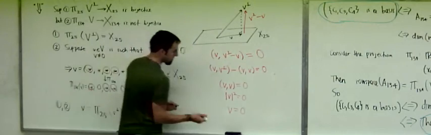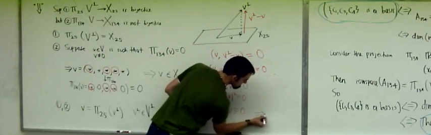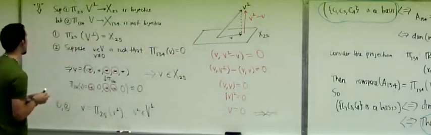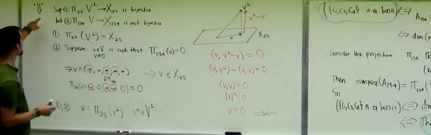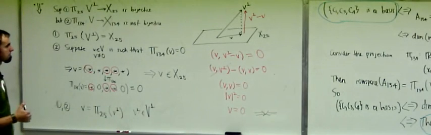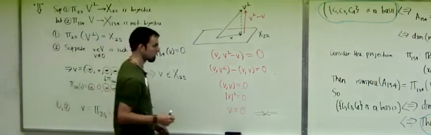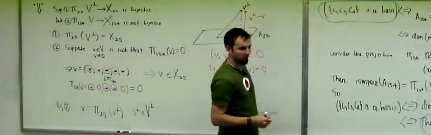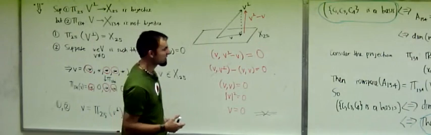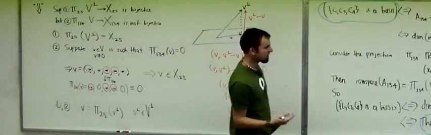But so this is a contradiction, and so I conclude that this direction is correct. And you're saying I'm done, right? Why am I done? Duality? Basically, this is something that we're going to start seeing.